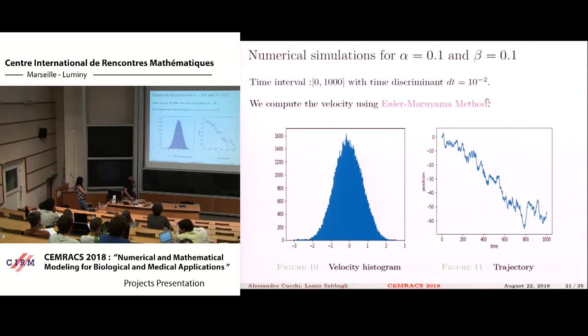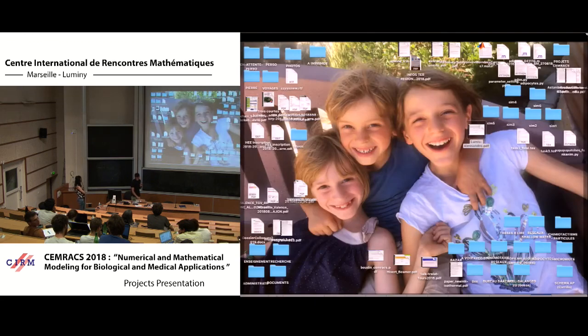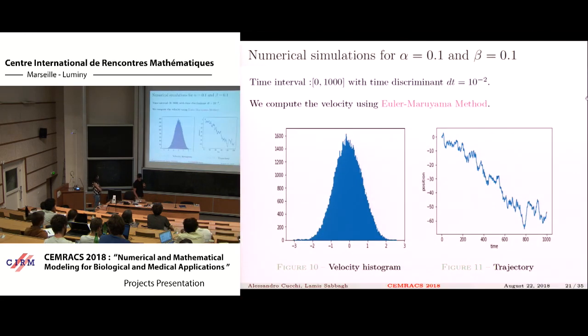So now we compute the numerical simulation with alpha equal to 0.1 with the same scheme as before. So actually we compute the discretized probability density. We see that it's centered on a negative value.